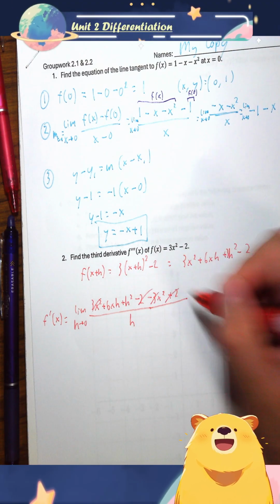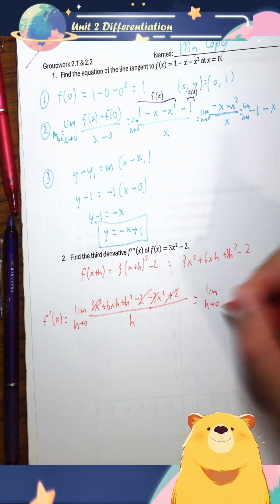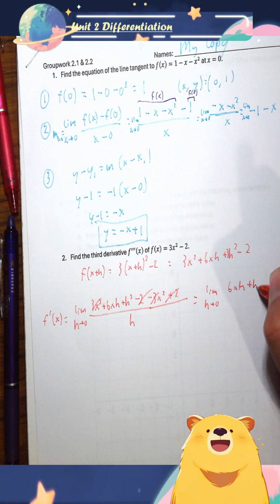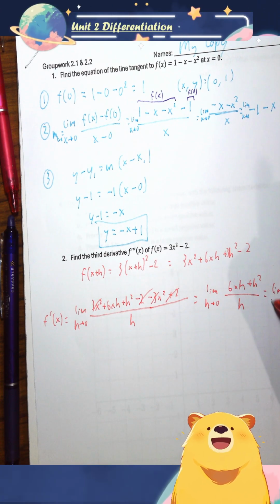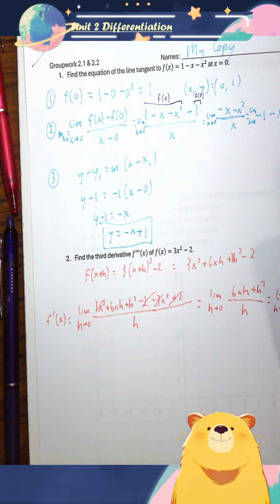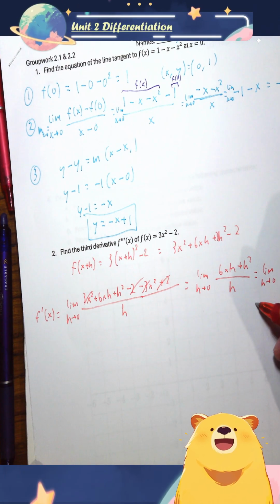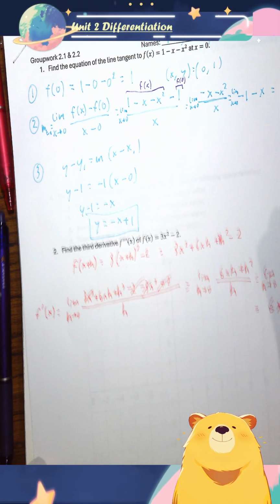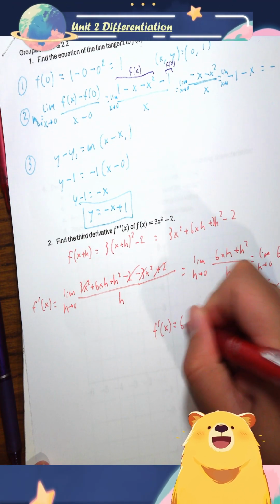We got some canceling out. 6xh plus 3h squared over h. That gets simplified to 6x plus 3h. And then from there, we can just plug in 0 to get 6x. So f prime of x is equal to 6x.